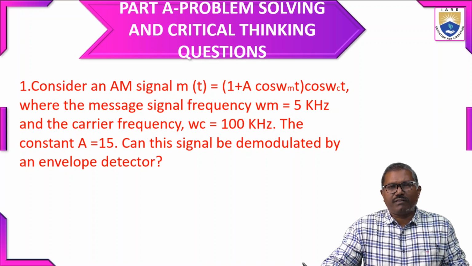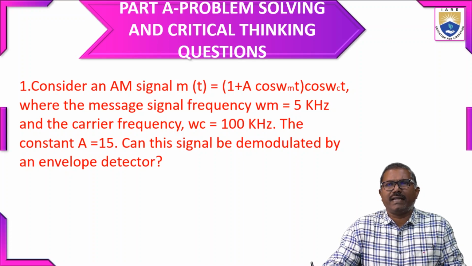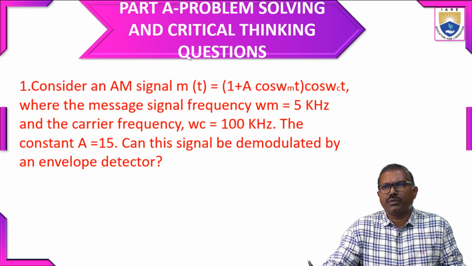So the first one is: consider an AM signal m of t is equal to 1 plus a cos omega m t into cos omega c t, where the message signal frequency omega m is equal to 5 kHz and the carrier frequency omega c is equal to 100 kHz.